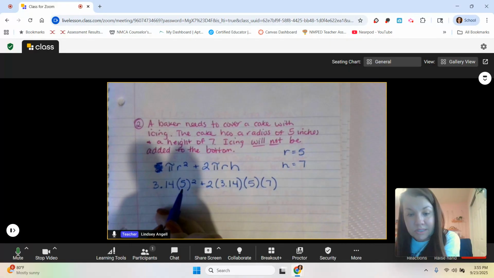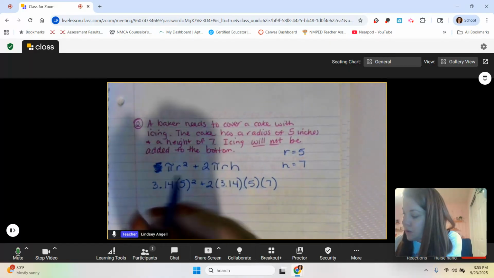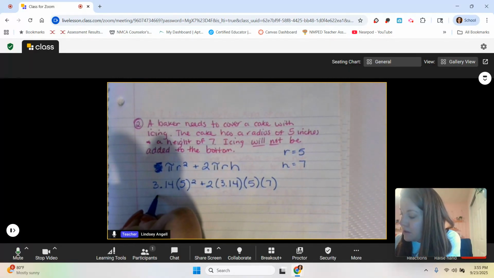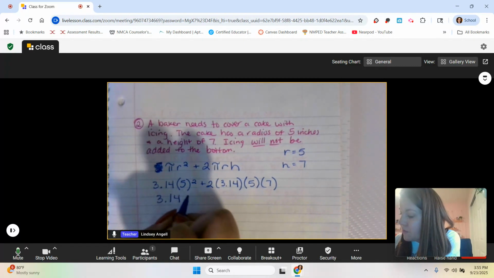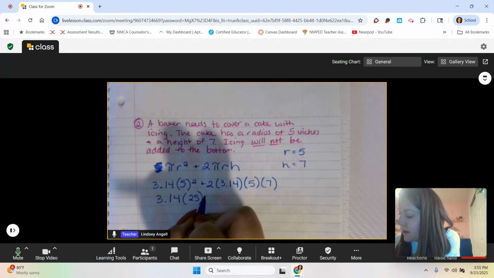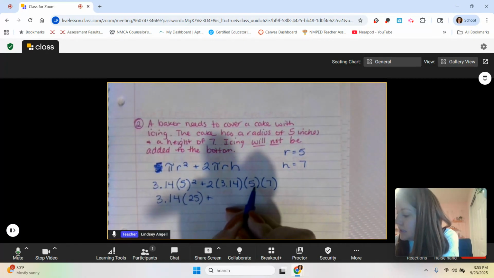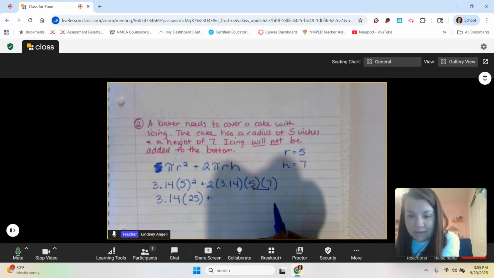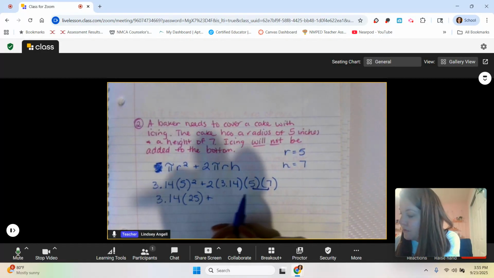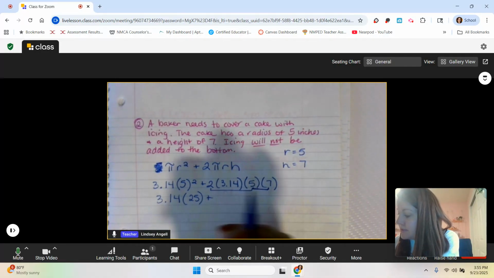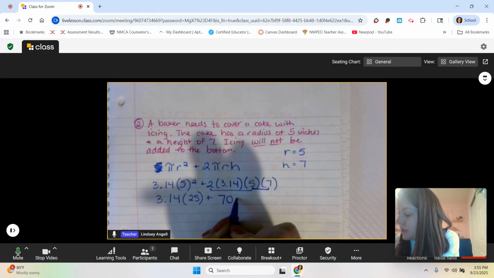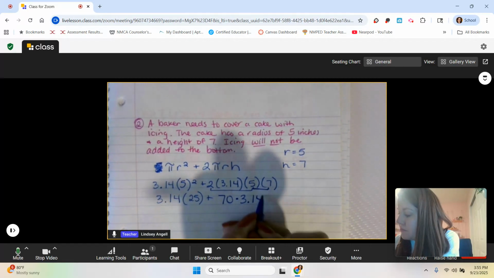Well, I know what 5 squared is equal to. 5 squared is equal to 25, right? 5 times 5. So really I need to do 3.14 times 25 plus, and then over here I have 5 times 7, that's 35, times 2 gives me 70. So I really could do 70 times 3.14.